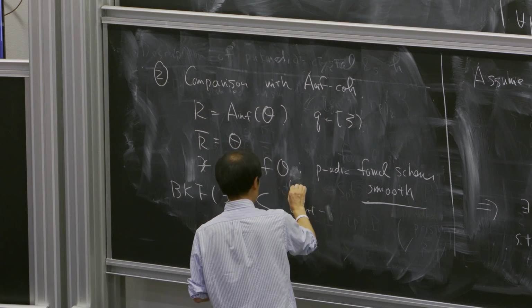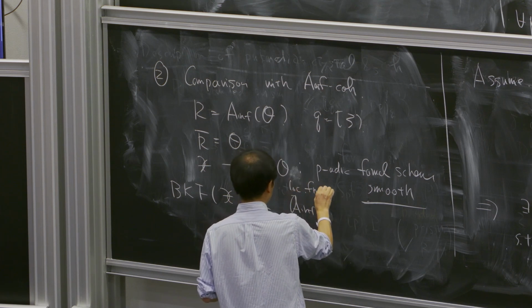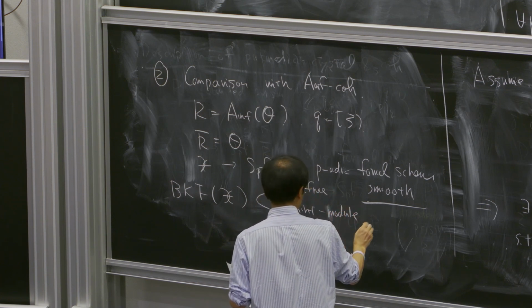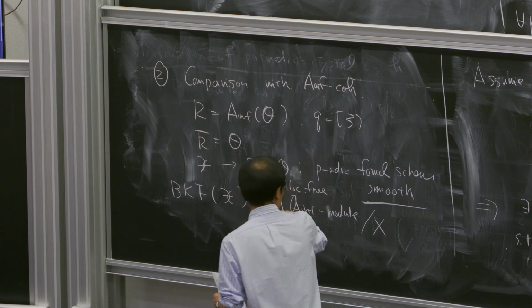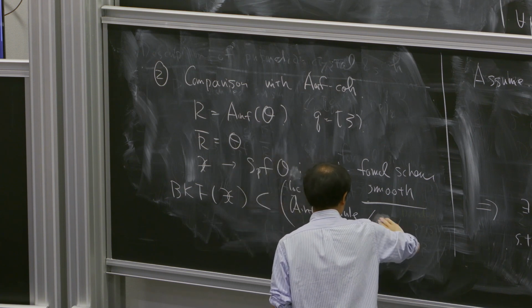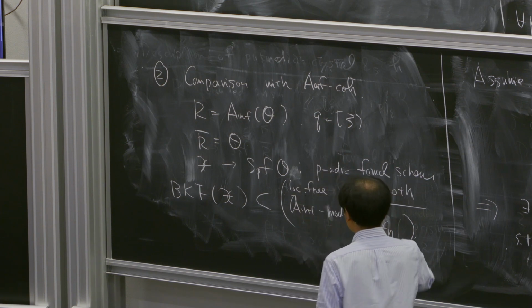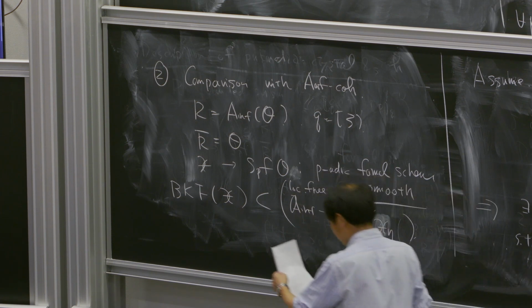So actually, a finite locally free A inf module on X, and X is the generic fiber of this formal scheme.